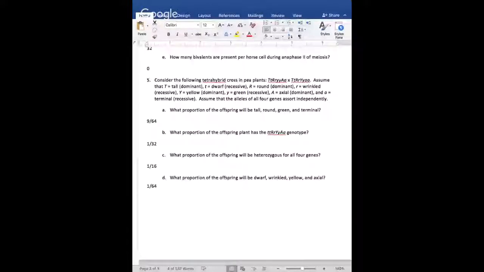And so for number 5, it said consider the following tetrahybrid. Let me add the question. It gave us the genotype that we're crossing and what each allele, for each gene, was.